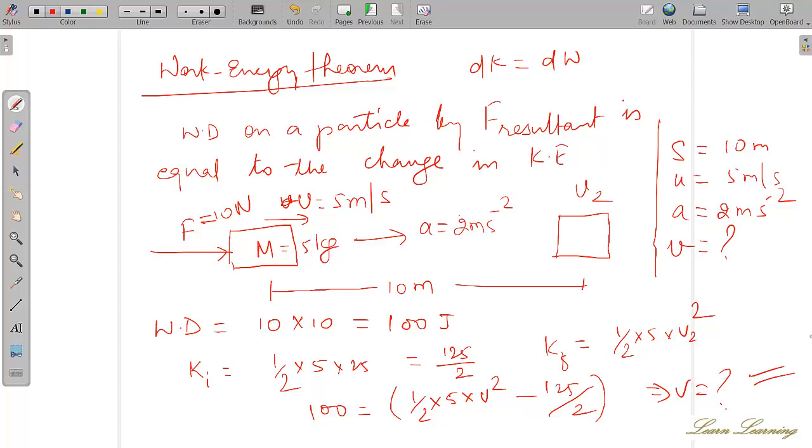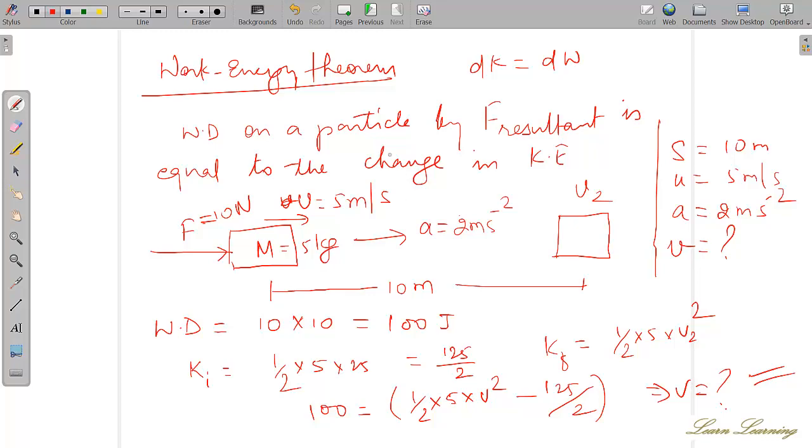On the same page, the last statement written in italics, you can mark in your book. Work done by the resultant force is equal to the sum of the work done by the individual forces. Can you repeat again? Work done by the resultant force is equal to the sum of the work done by the individual forces.